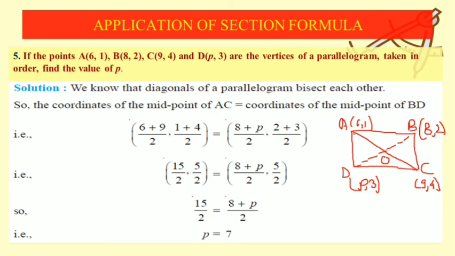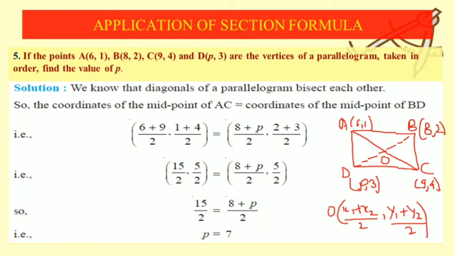Now focus on the line segment AC. For AC, this O will act as the midpoint, and if we have to find the coordinates for this O, so we know that midpoint section formula is x coordinate will be x1 plus x2 upon 2, means the sum of the x coordinates divided by 2, and y coordinate will be y1 plus y2 upon 2. It means sum of the y coordinates divided by 2.